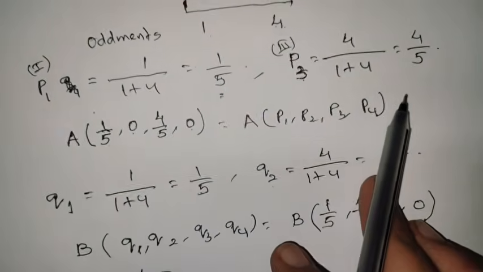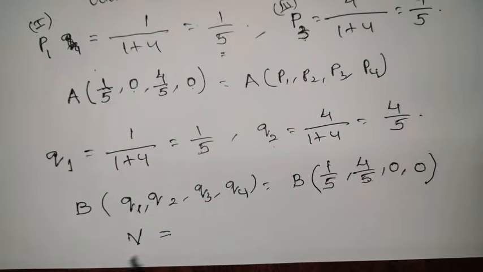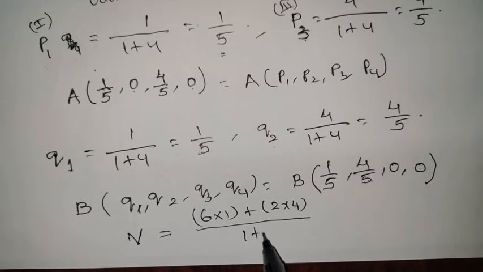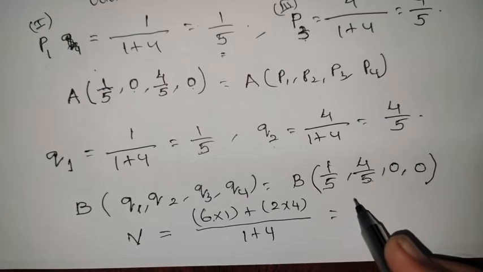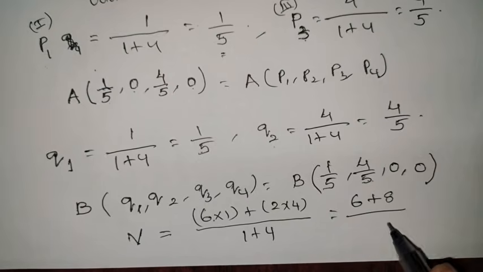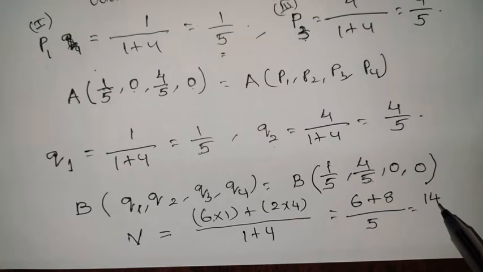Now write it as 6 into 1 plus 2 into 4 by 1 plus 4, that equals 6 into 1, 6, plus 2 into 4, 8, by 4 plus 1, 5. So that equals 14 by 5. So this is the value of the game.